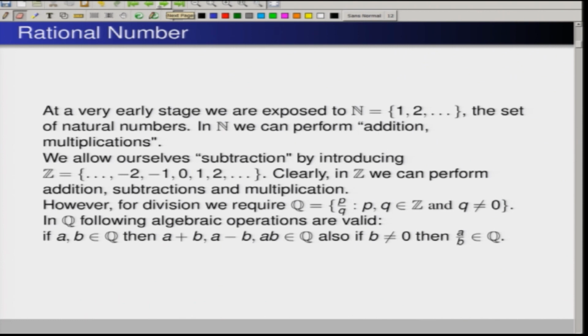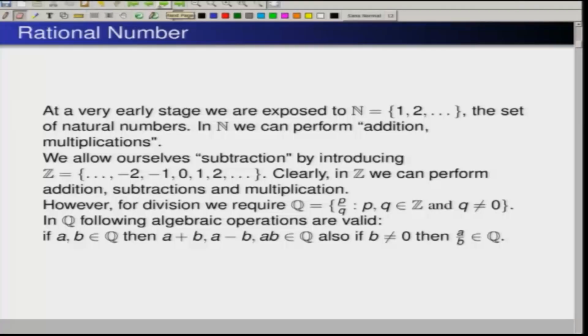In this set of rationals we can add two rationals and get a rational number, we can multiply, still getting a rational number, we can subtract, and if b is not equal to 0, then we can divide a by b, which is again a rational number.